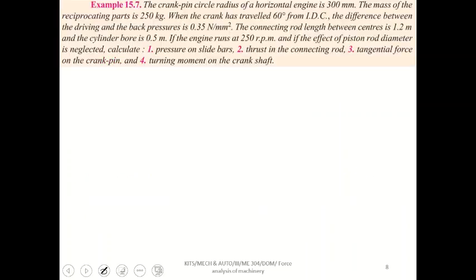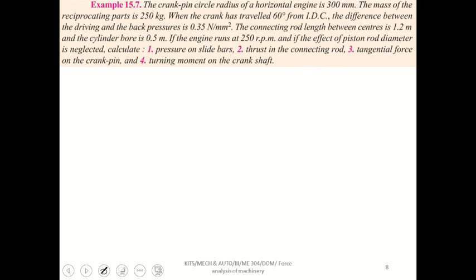Now we will solve one problem. Let me read the question first. The crank pin circle radius of a horizontal engine is 300 mm. So they gave the crank pin radius, that is 300 mm. Then the mass of the reciprocating parts is 250 kg.